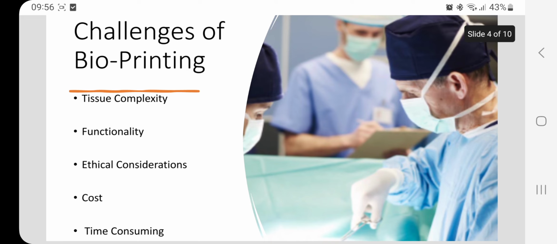While there are positive benefits to bioprinting, there are a few drawbacks and challenges that will continue to impact the evolution of this field of study: tissue complexity, functionality, ethical considerations, cost, and time consuming.